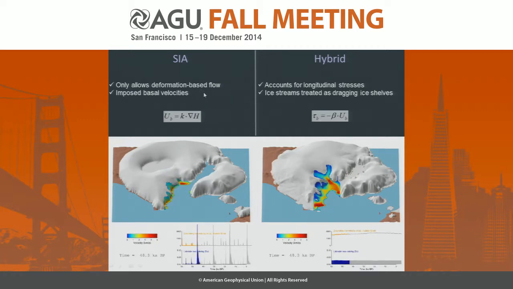In order to reproduce that with a 3D ice sheet model, what we have to do is impose basal velocities, because under the shallow ice approximation, the model can only treat explicitly the deformation-based flow of the ice sheet. So we add this term of the basal movement of the ice, which is proportional, with an amplification factor, to the surface load.